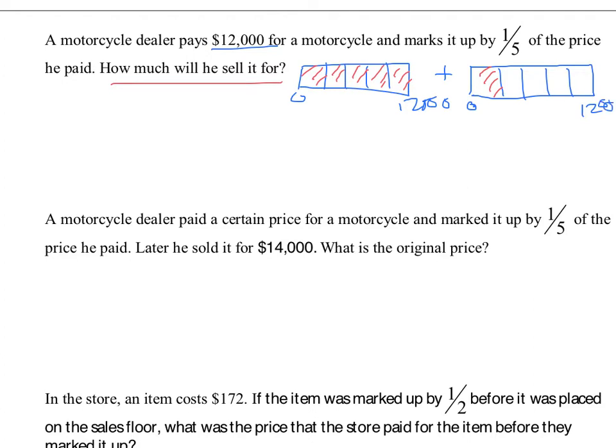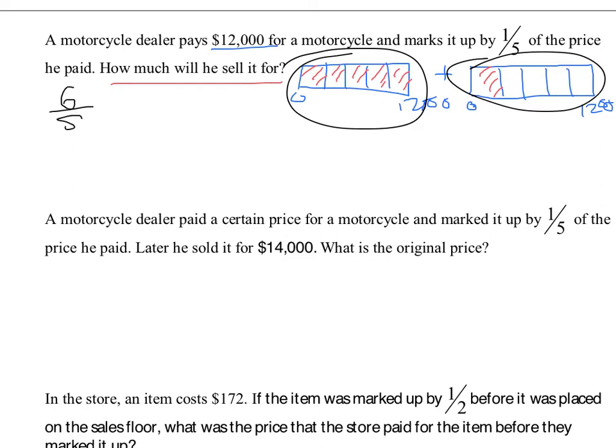So what we can see looking at this diagram is we have one whole plus 1/5. I'm going to write that as the improper fraction, 6/5 of the original price, $12,000, is what I'm going to have to pay. Again, we could worry about solving this particular problem. I'm not worried about that. I know you can do the math.